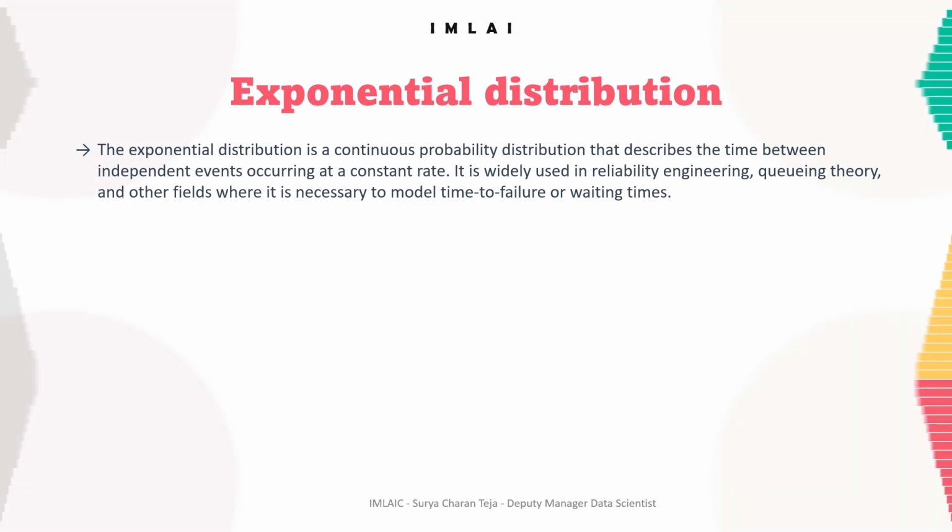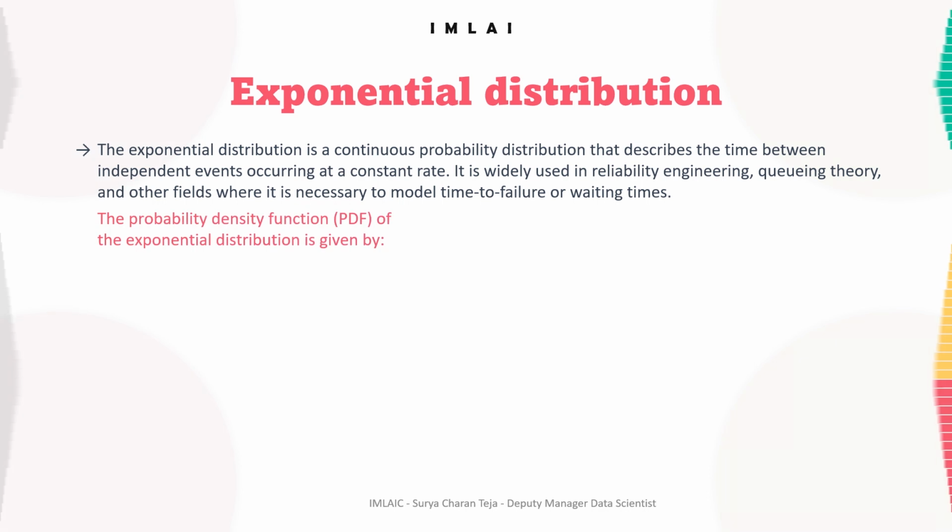the exponential distribution is a continuous probability distribution that describes the time between independent events occurring at a constant rate. It is widely used in reliability engineering, queuing theory, and other fields where it is necessary to model time to failure or waiting times.